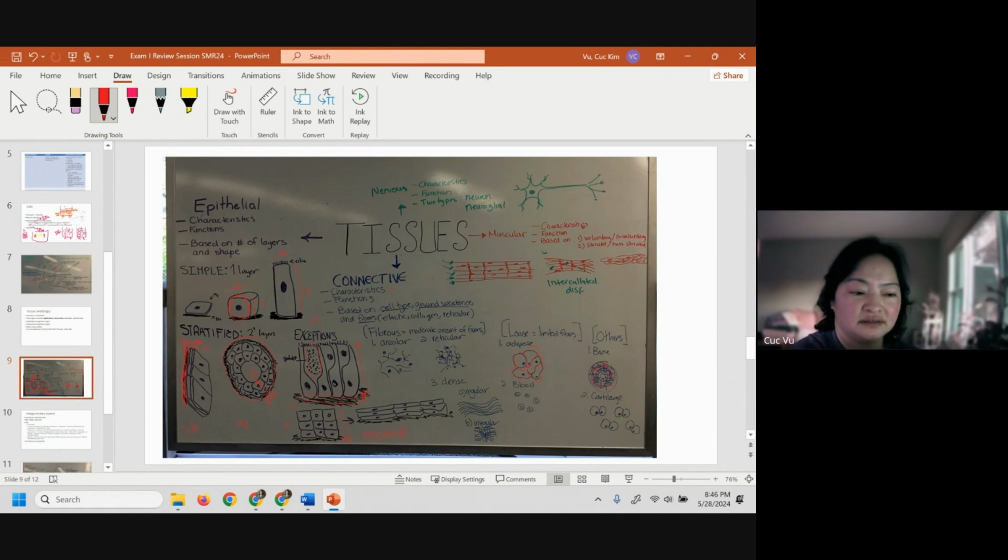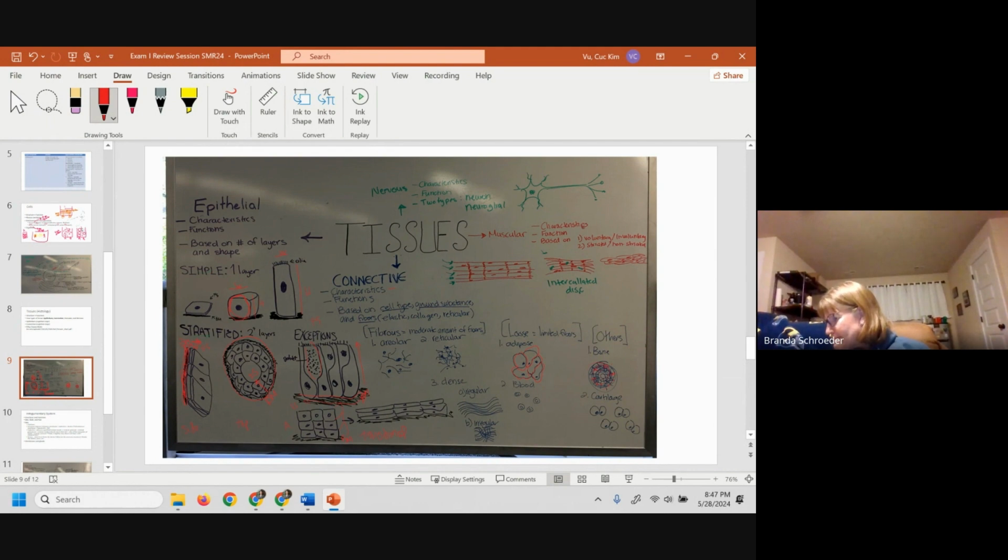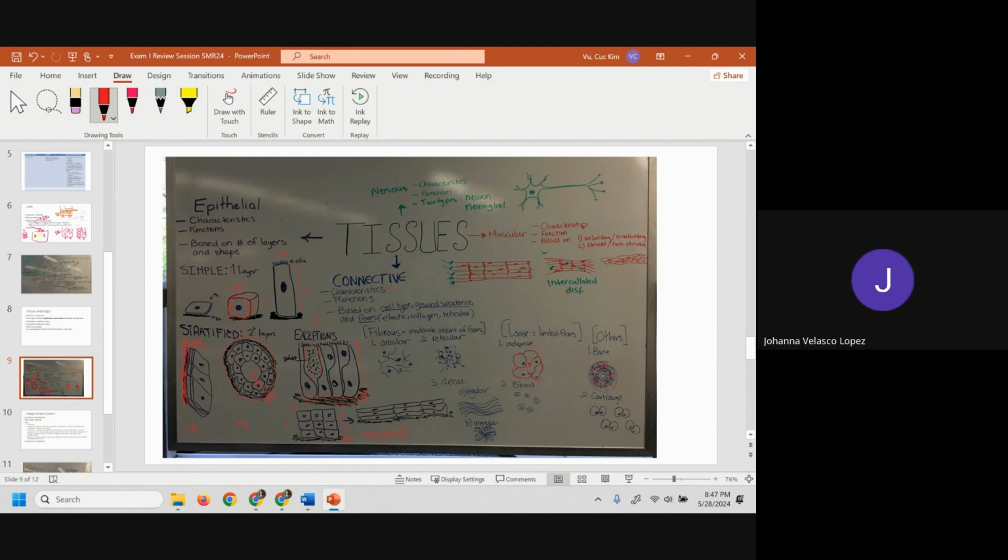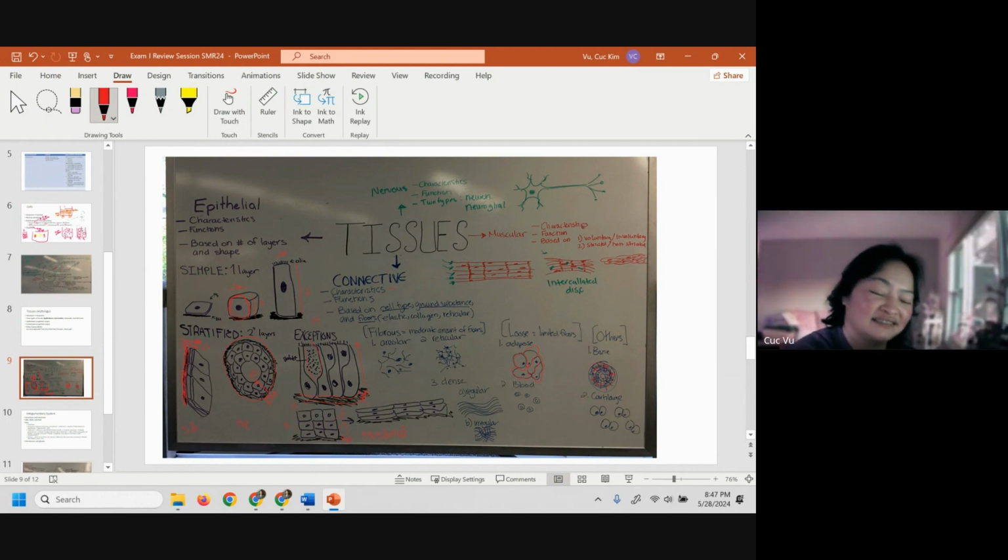It starts with an H. No clue. I don't know. It ends in apatite. Mineralized matrix is called what?